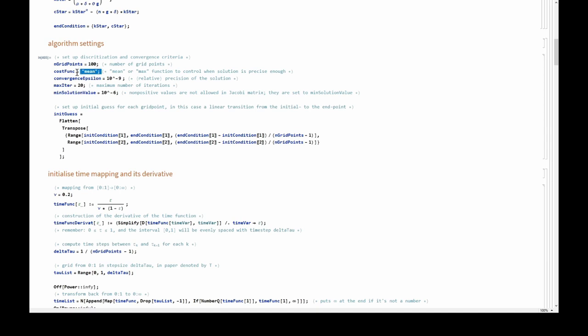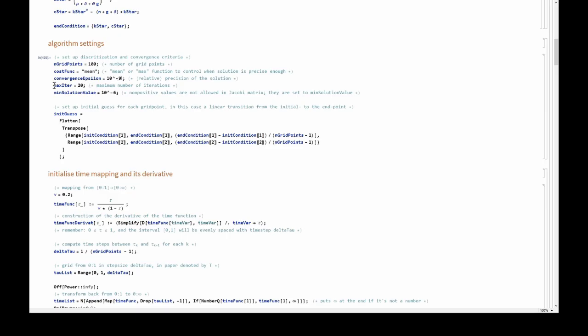Then you want to find some function for how you want to evaluate the loss. Should your mean loss be smaller than some convergence threshold epsilon here, or should the maximum value, for instance, be smaller than a given threshold? This is your choice.